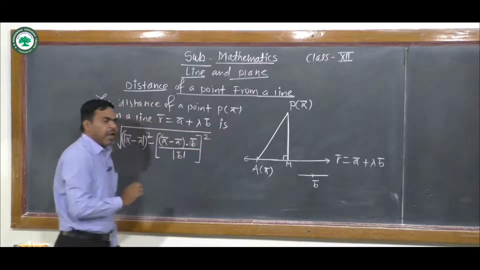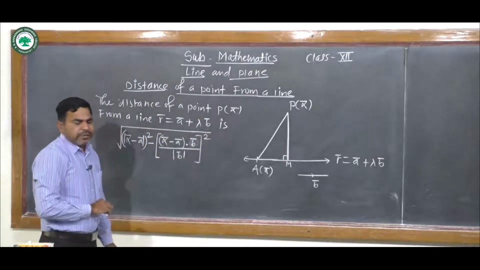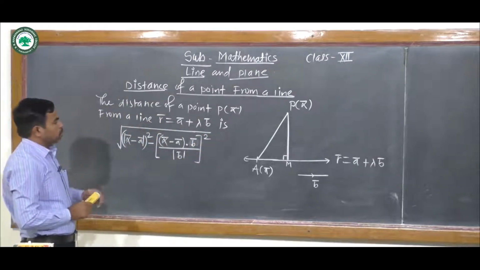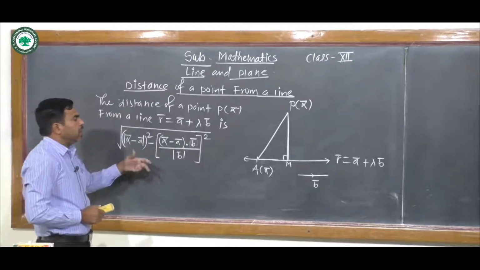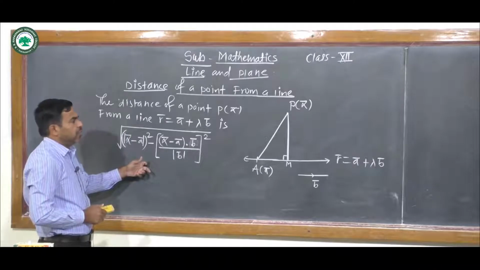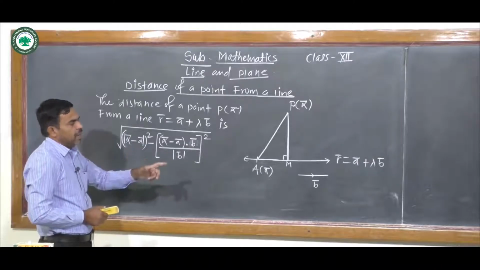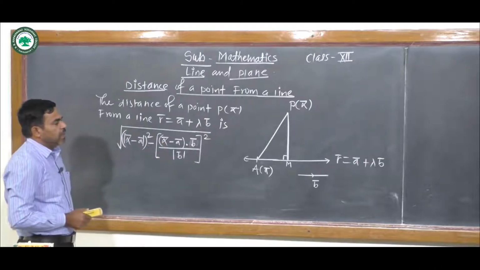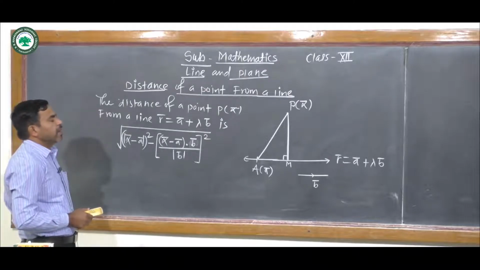So this is the formula which gives us the shortest distance or the perpendicular distance of the given point P with position vector alpha bar from the line R bar is equal to A bar plus lambda into B bar.